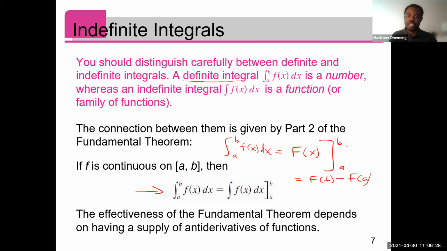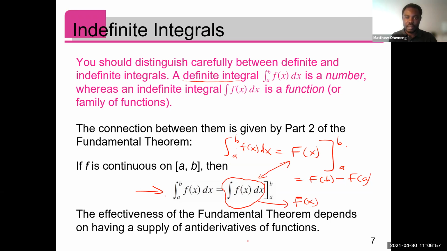Since we've declared that this symbol represents F of x, where F of x is the antiderivative, the definite integral can be represented like this, similar to what we have here. Are you okay so far? Any questions?